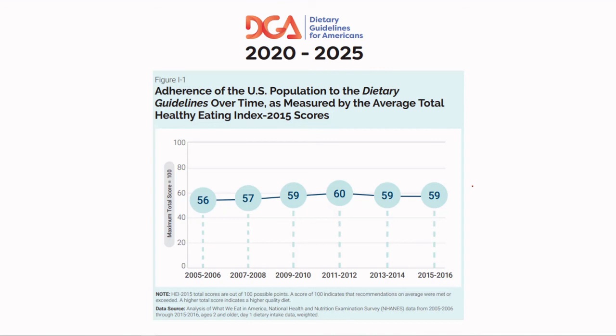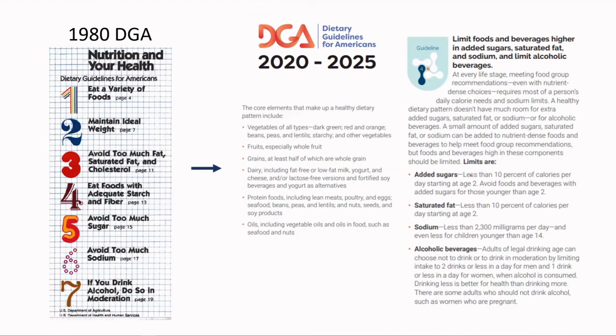Switching gears to looking at guidelines, this is a figure from the USDA Dietary Guidelines for Americans in the 2020 through 2025 cycle. It shows that approximately three-fifths of Americans are adhering to the DGA guidelines. And as a reminder, the 1980 Dietary Guidelines for Americans are shown on the left, and the current guidelines are shown on the right.